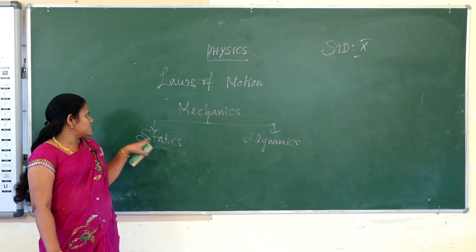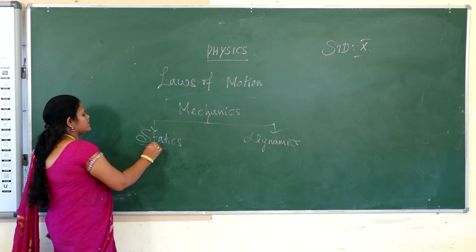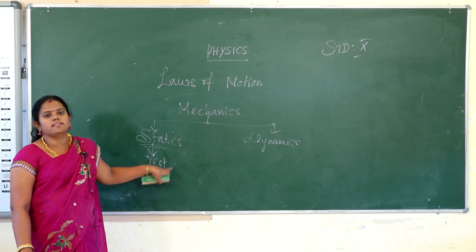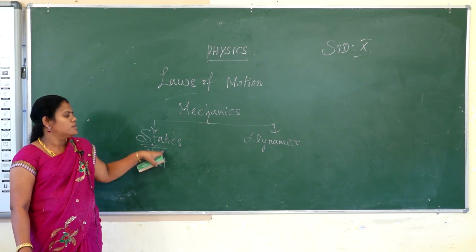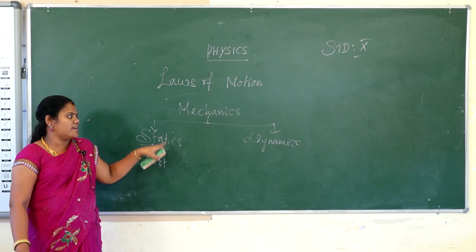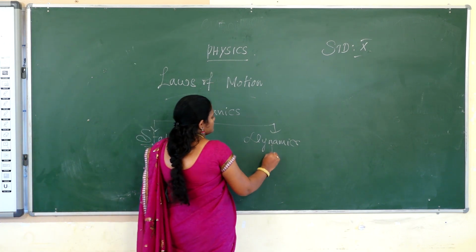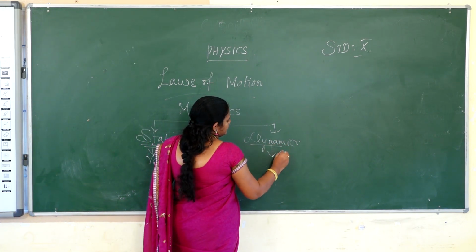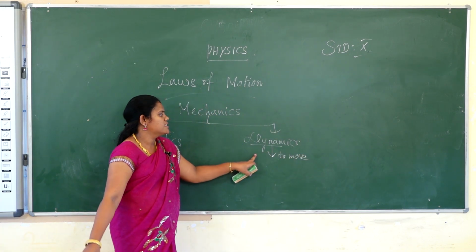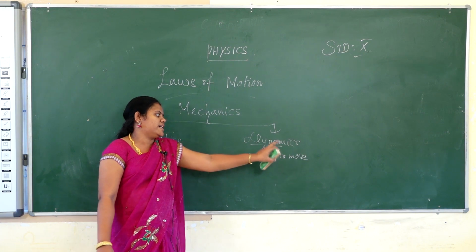What the word tells, stat means rest. So we study objects that are in the rest position. Statics is a branch of physics which deals with objects at rest. And dynamics, the word tells, means to move. So dynamics is a branch of physics which deals with moving objects.